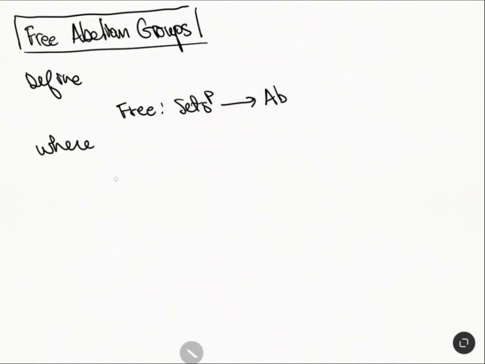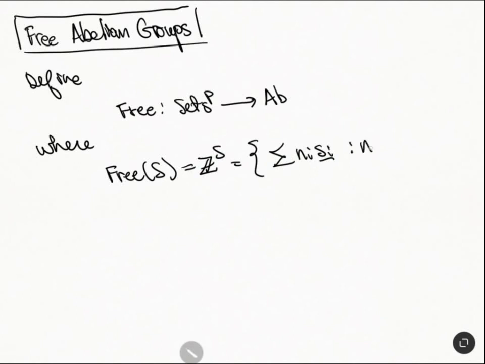Free of S is also Z to the S. This is going to be the set of elements the sum of Ni Si, where Ni is in Z and Si is in S, for finitely many. Maybe I could have written a direct sum symbol there, but this is what I mean by this.